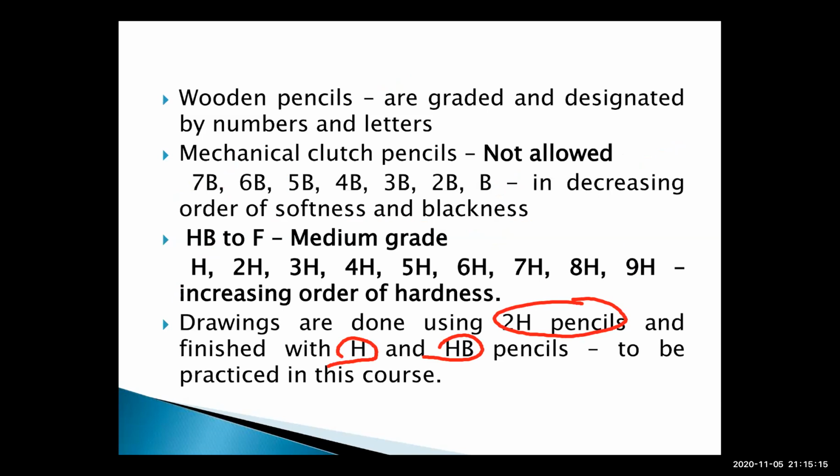With the help of the 2H, one will get very light lines, and afterwards we have to pick the important lines or important features with HB pencil or H pencil.